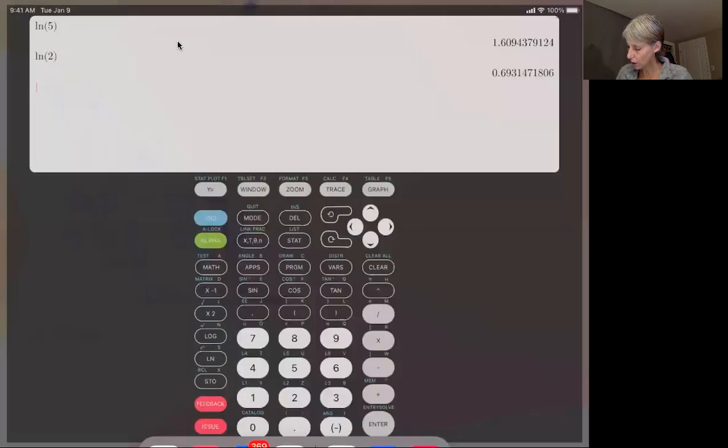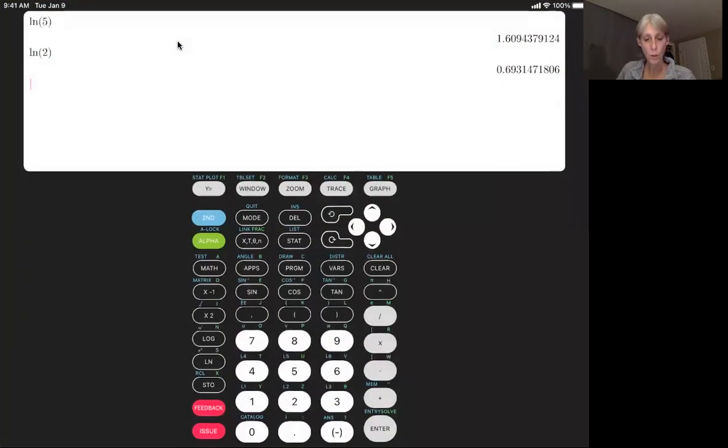I'm trying really hard just to drag my calculator out, but it won't drag out. So we're going to do ln of 5 divided by 8. And I'm going to take that answer and divide that by ln of 3.